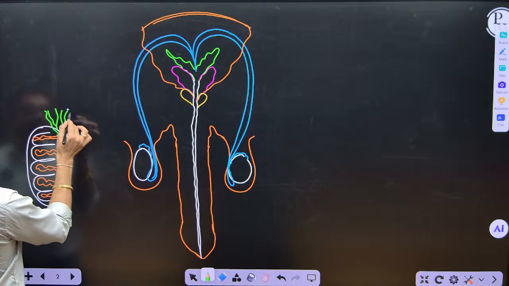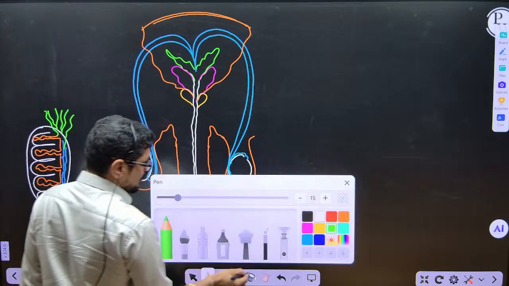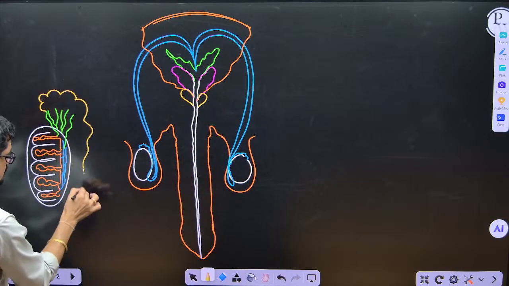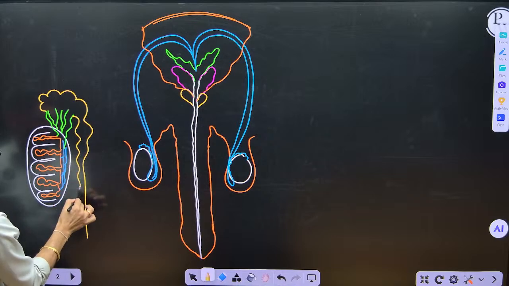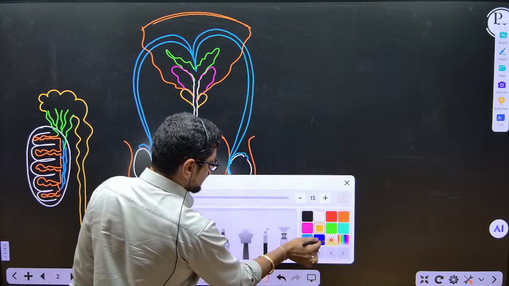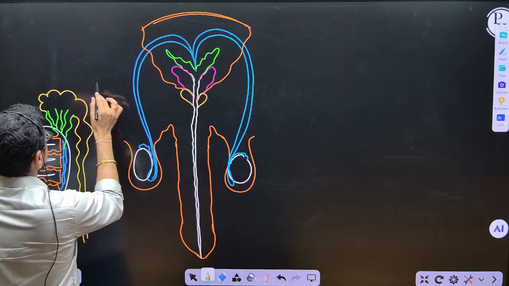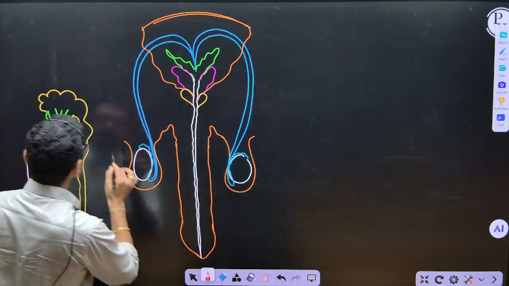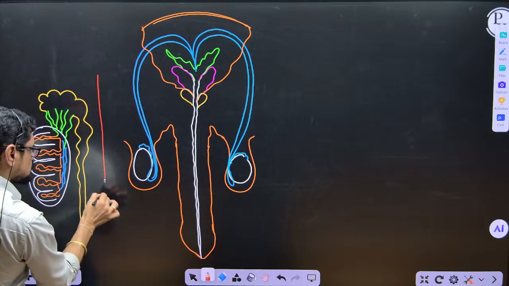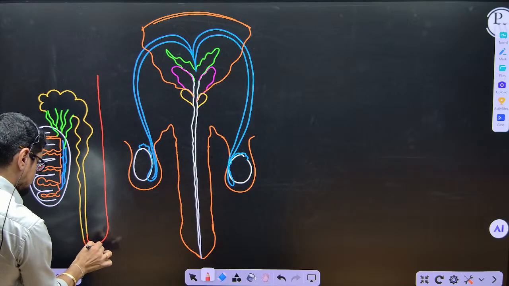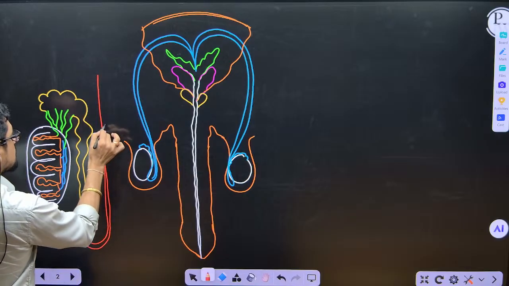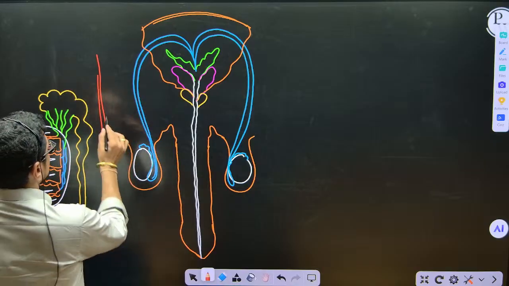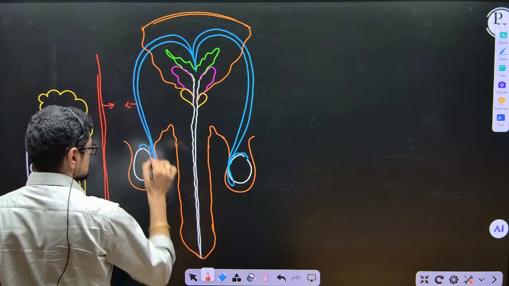These are vasa efferentia, right? And now the vasa efferentia open into the epididymis. And now the epididymis takes a turn. Let's take a different color, red. Now this is the vas deferens. Both are the same.